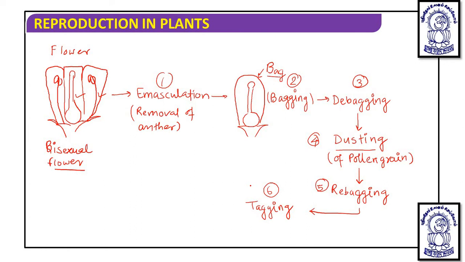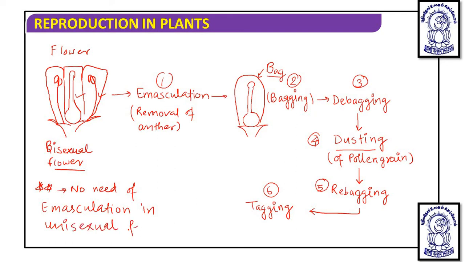But dear students, we have to mark one important point here: if there is a unisexual flower, emasculation is not required. So no need of emasculation in a unisexual female flower.